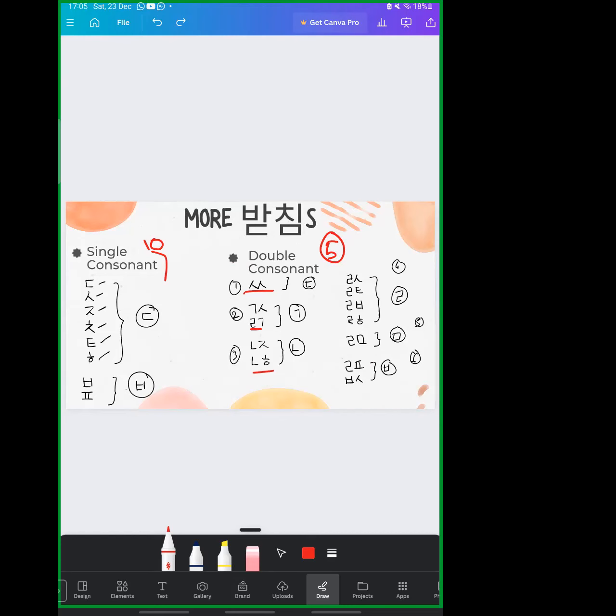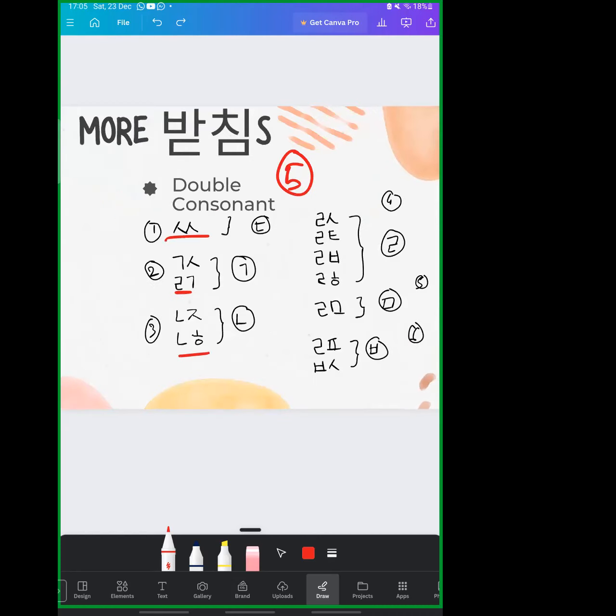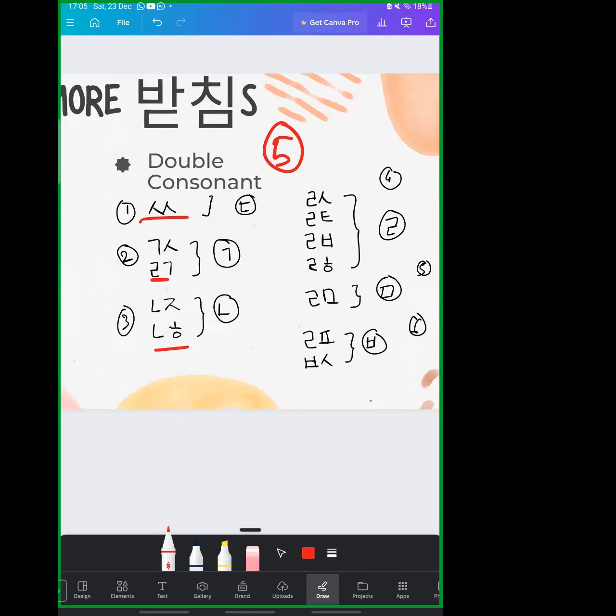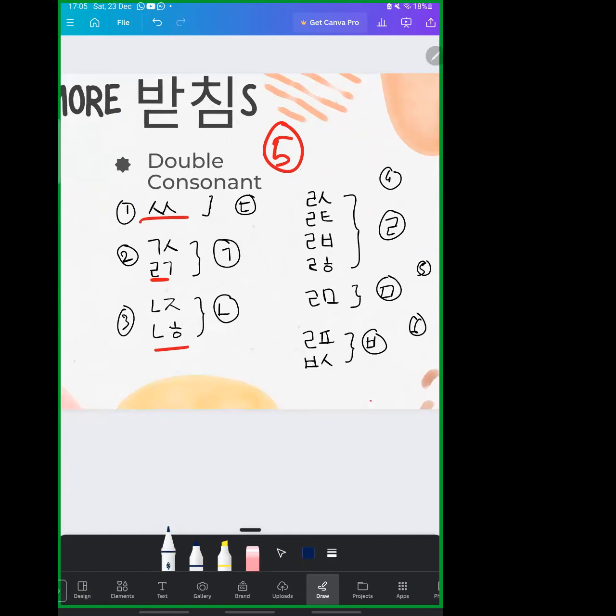Yes, ma'am. So, like I said, although there are so many different types, especially these double ones that you see here, not all are common. I actually forgot to add one more here. There is one more, which is a double.